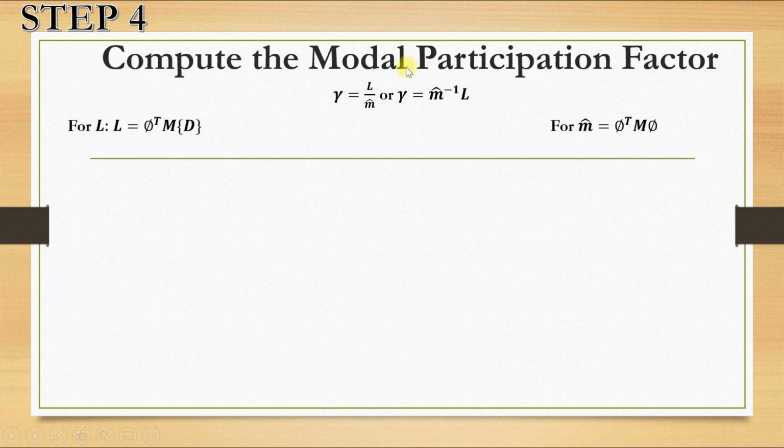So, this is the general formula, the gamma, or the modal participation factor, which is equal to L, or the coefficient vector, an n by 1 vector, divided by m hat, which is the generalized mass matrix, or gamma is equal to m hat inverse times L. So, para makuha naman natin yung L, ito yung gagamitin natin na formula.